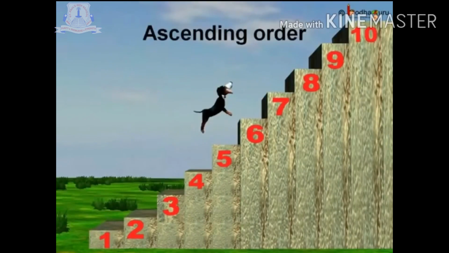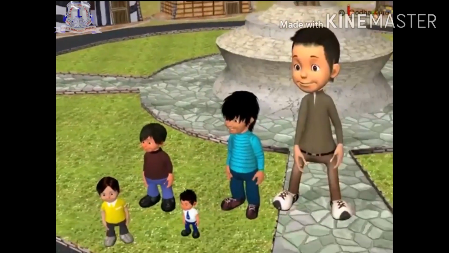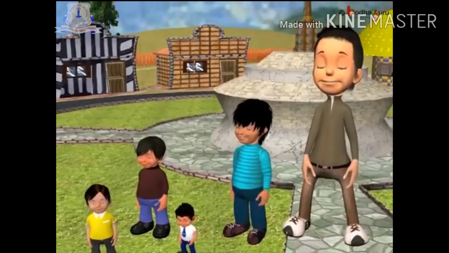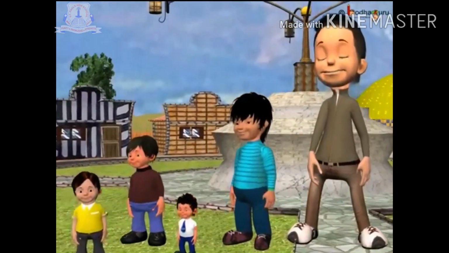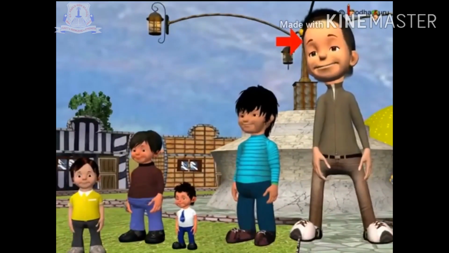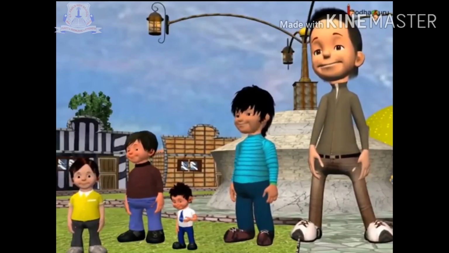Now let us see a group of children. Here, see all the children are of different heights. Who is the tallest amongst all? This is the tallest boy. He is wearing grey t-shirt and pant. And who is the shortest of all?